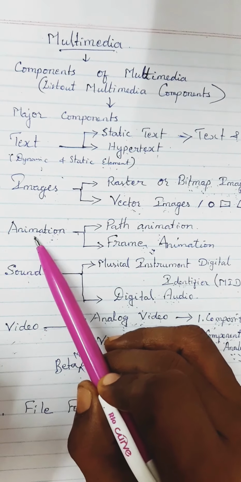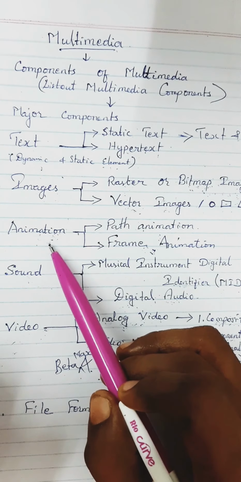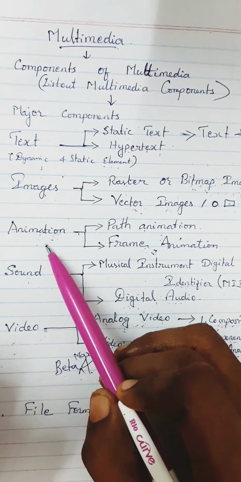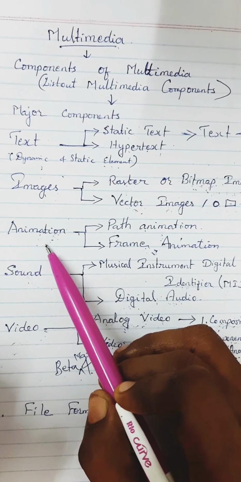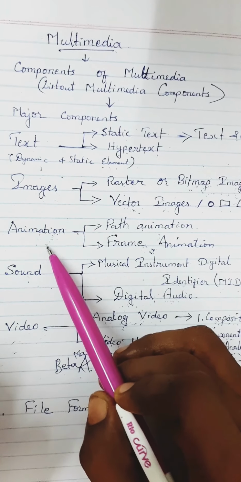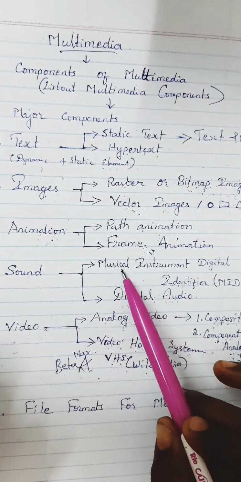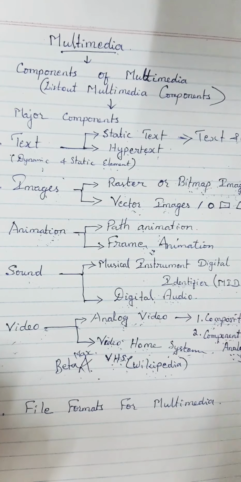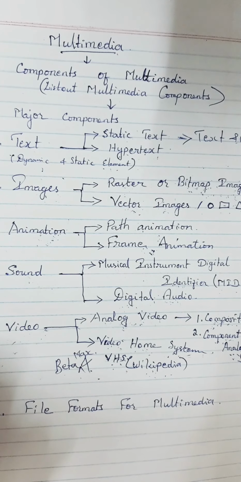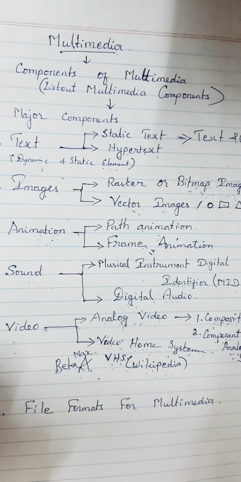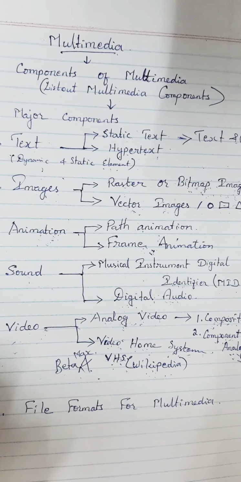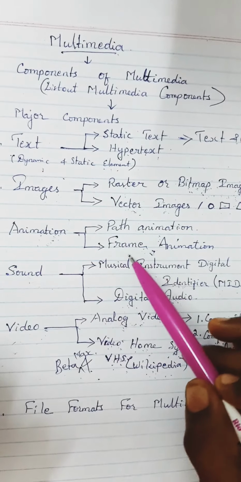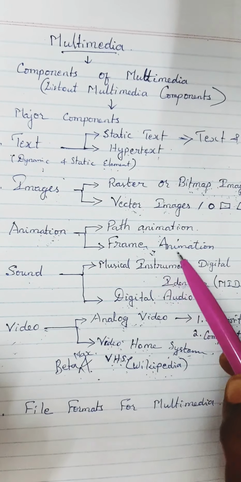Animation. Next, third object is animation. Animation is only the process of displaying still images so quickly so that they give the impression of a continuous movement. That is divided by path animation and frame animation.